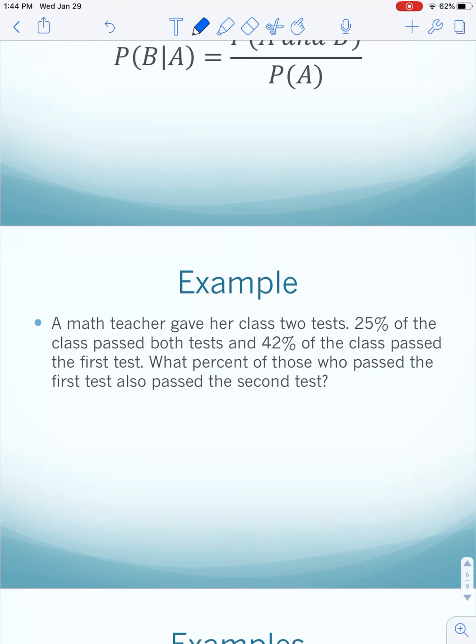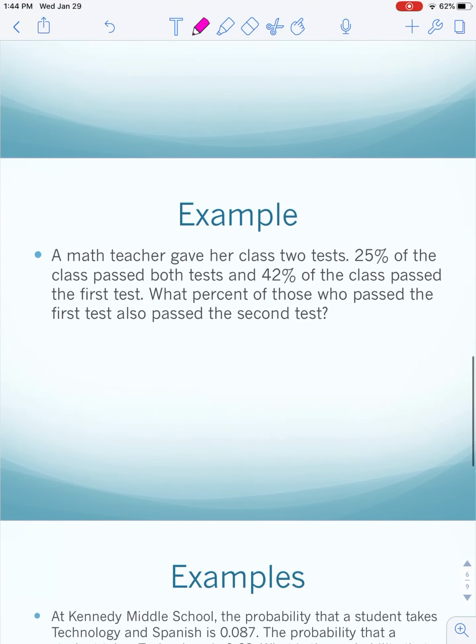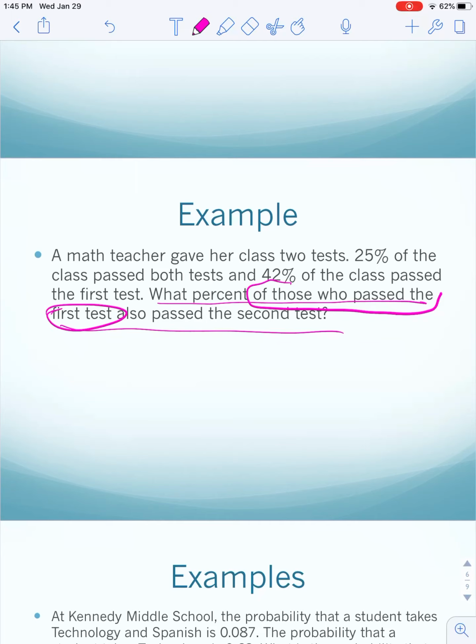You might not be able to tell right away that they're giving an example of this by the way they word it, but we have to kind of figure that out. They say, what % of those who pass the first test also pass the second test? I always skip to what the question is. There's the question that I just underlined. So we're saying, what % of those who pass the first test? That's the given.